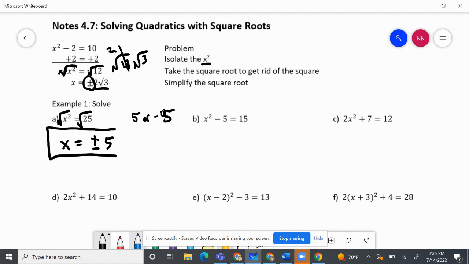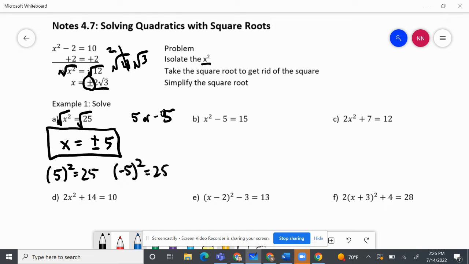Now, the reason that this works is because when you square something, you're multiplying it by itself. So for our positive root, 5 squared, of course, is 25. So we see that that works. And in the same way, negative 5 squared is also 25 because negative 5 times negative 5 is 25. A negative times a negative is a positive. And that's why we have two roots.